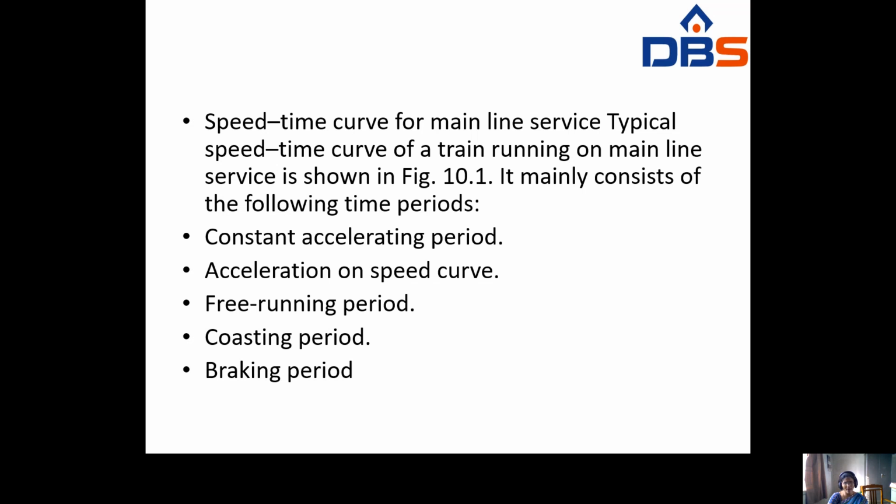In the next slide you can see the speed-time curve for the mainline services. It mainly consists of these time periods: constant acceleration period, acceleration on speed curve, free running period, coasting period, and braking period.